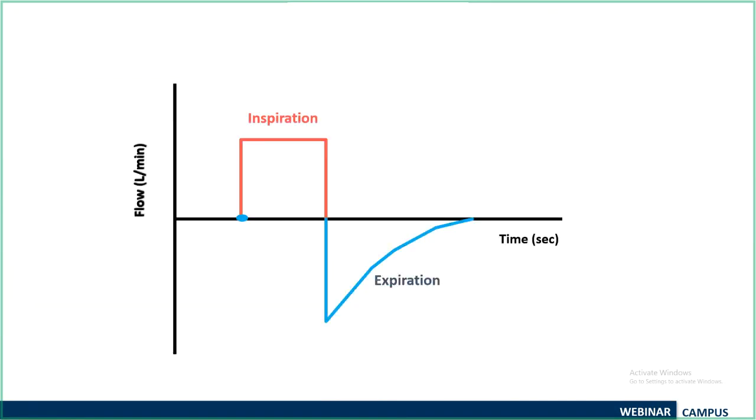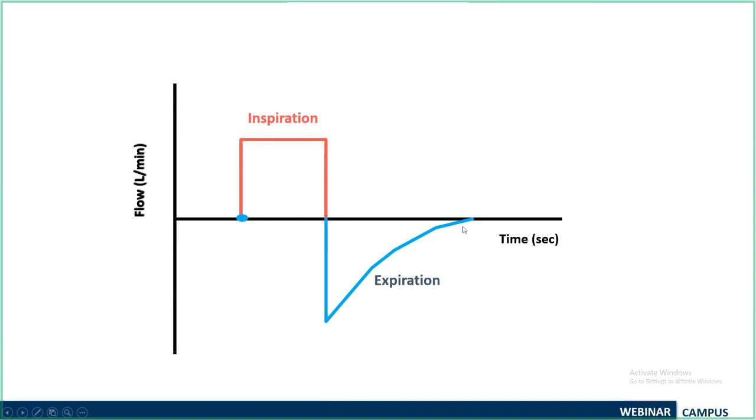As you can see here, we have an inspiration and an expiration. A respiratory cycle has an inspiration followed by an expiration. Usually in a ventilator, the inspiratory valve opens, the air is pushed into the patient's lungs, the lung expands, then the inspiratory valve closes, then the expiratory valve opens and the expiration, which is a passive process, begins.